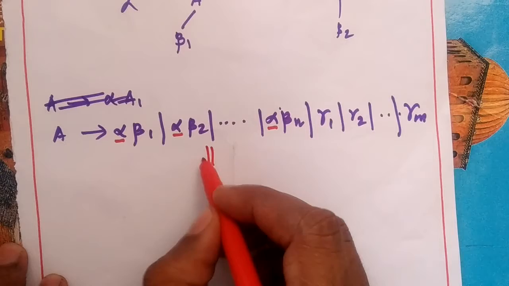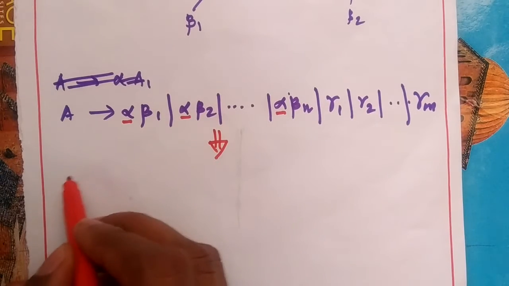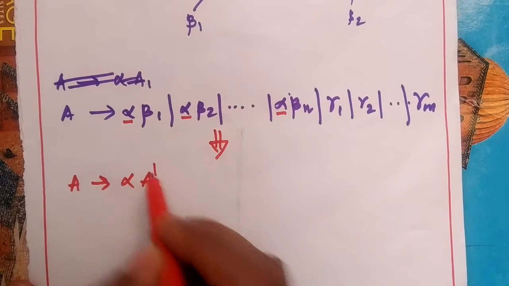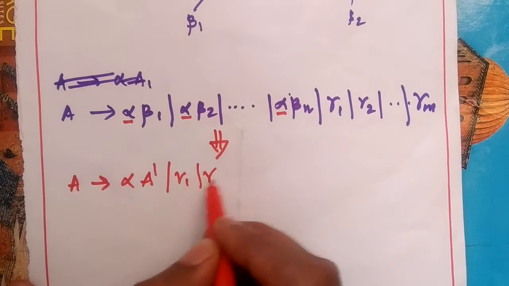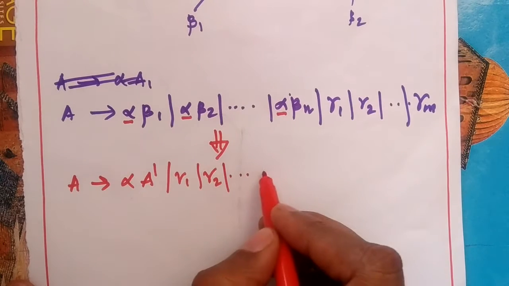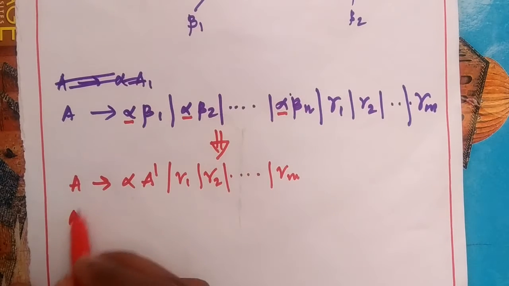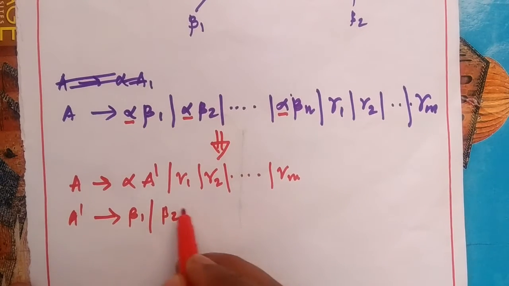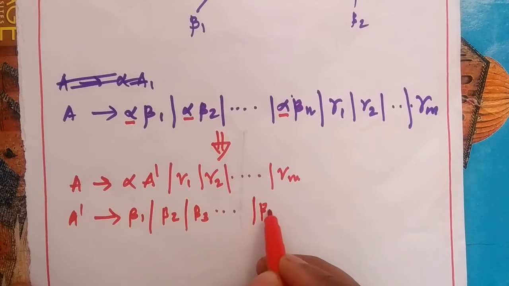Then its equivalent productions, which are left factored, are A gives alpha A dash and gamma 1, gamma 2, etc, gamma m, and A dash gives beta 1, beta 2, beta 3, etc, or beta n.